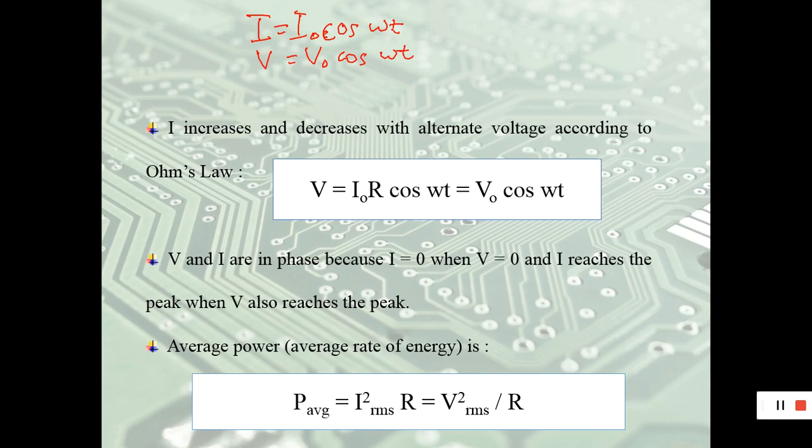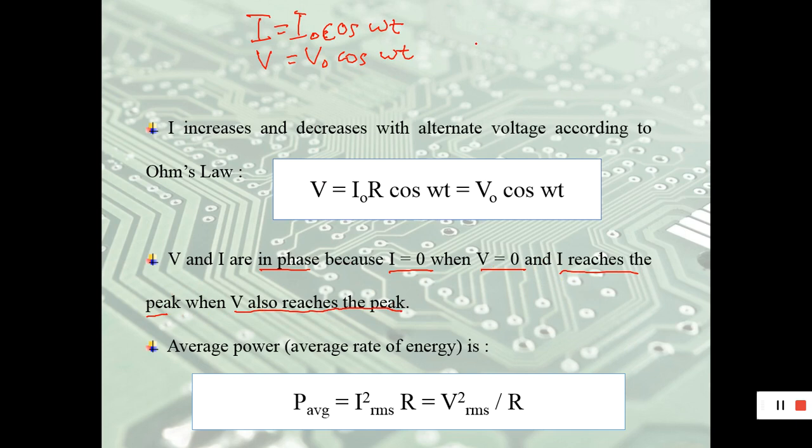It will depend on the t. V also we need to use like this. So this is the very important statement: V and I are in phase, because when I is 0, V will also be 0, and when I reaches the peak, V also reaches the peak.